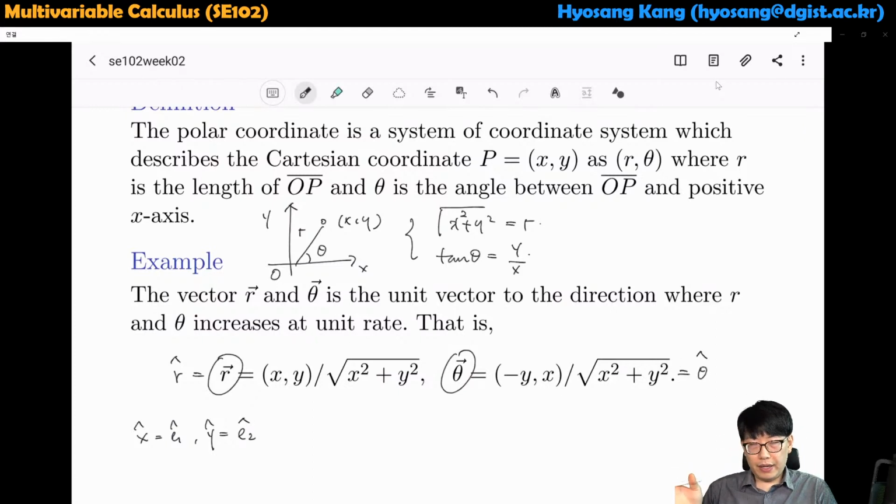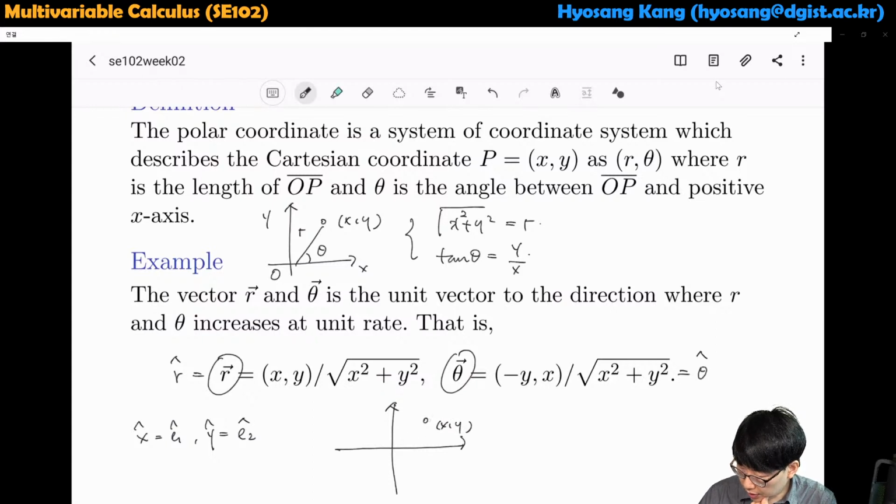These are the vectors which represent the direction where r changes but theta doesn't change, and where theta changes but r doesn't change. So think about r hat. I want it to be a unit vector which points in the direction where r changes but not theta. In the two-dimensional picture, if I have a point (x, y) here, then this direction is r. If you don't want theta to change, then you have to go in this direction, right?